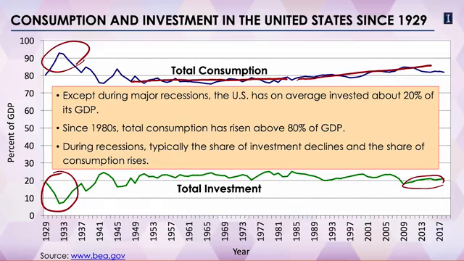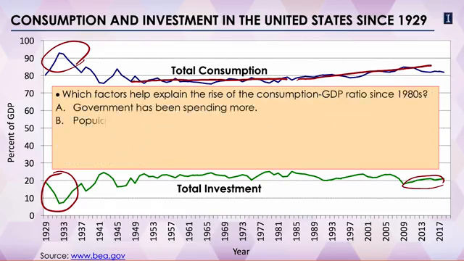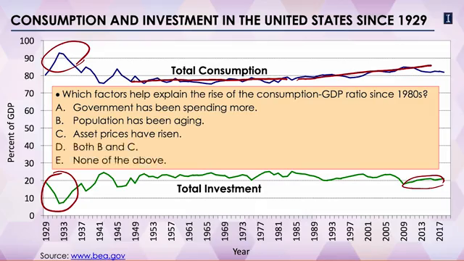Now, looking at this graph and thinking about these trends, let me ask you a question. Which one of the factors that I list here below from A to E do you think explains the rise of consumption GDP ratio since the 1980s?